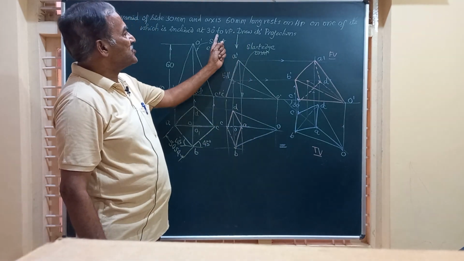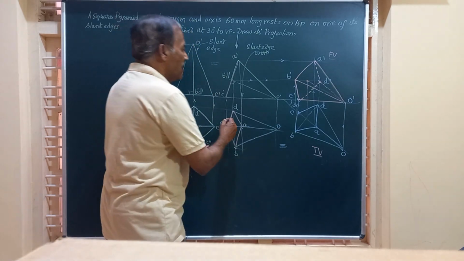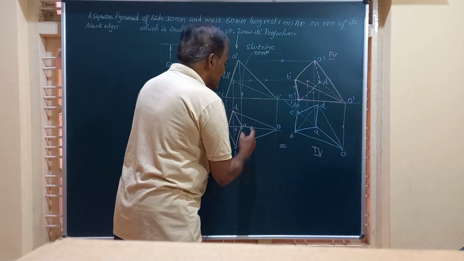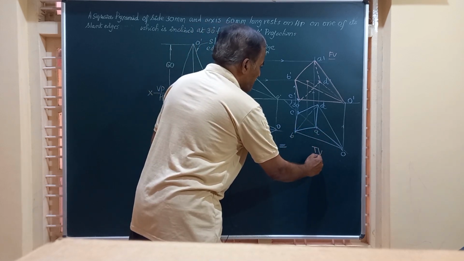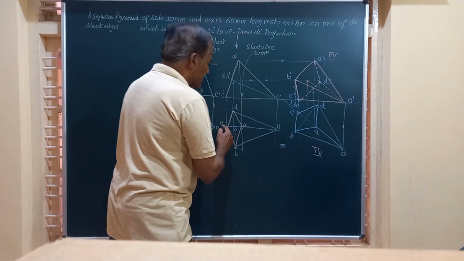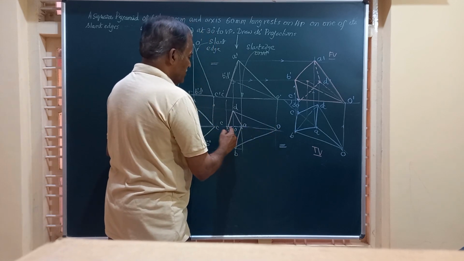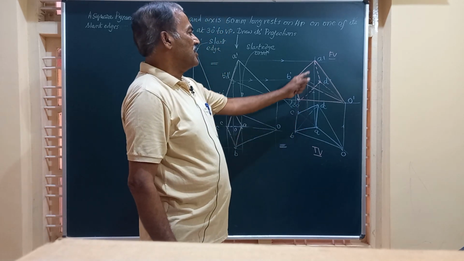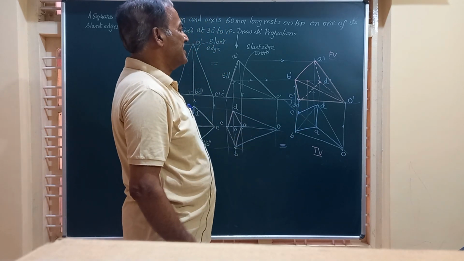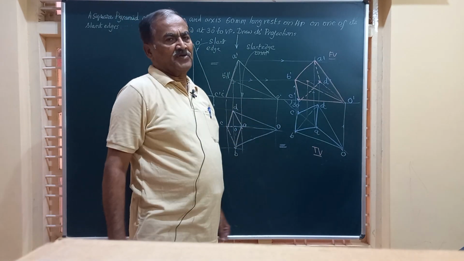But as per the question, it has to be at an angle of 30 degrees to VP, and hence I am redrawing this figure as the last figure here, the final top view, such that this particular line representing the slant edge OC is at an angle of 30 degrees to VP, and we obtain finally the final front view of the pyramid.